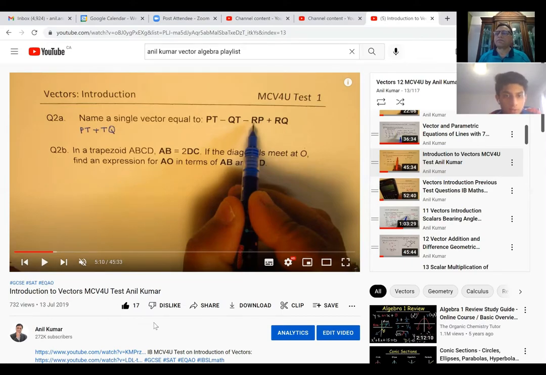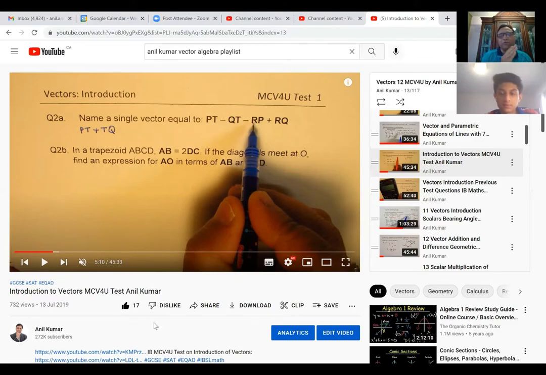Sir, so first we would group the like terms, right? I prefer to write all the terms with plus. So negative qt should be written as tq, and negative rp should be written as pr. So when you write them like pt plus tq plus pr plus rq, then you see the sequence.